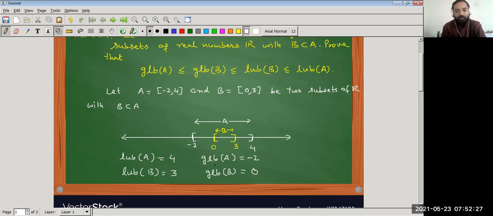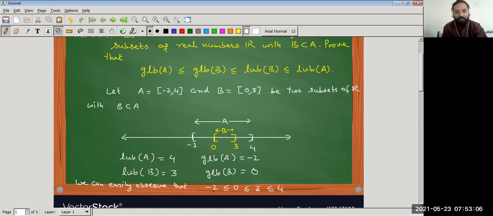So we can easily observe that minus 2 is less than or equal to 0, is less than or equal to 3, is less than or equal to 4.